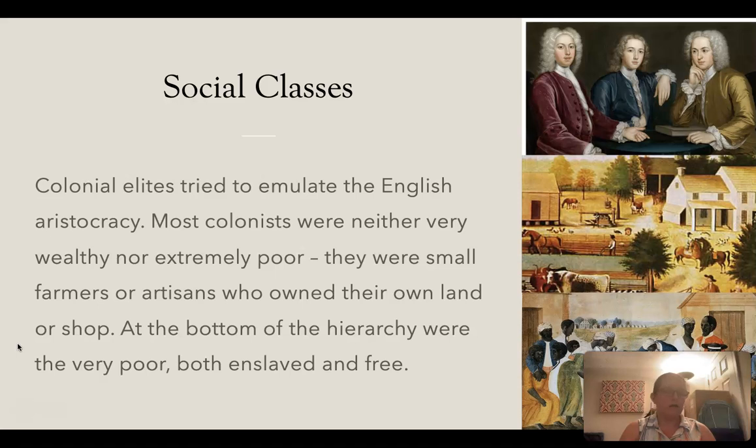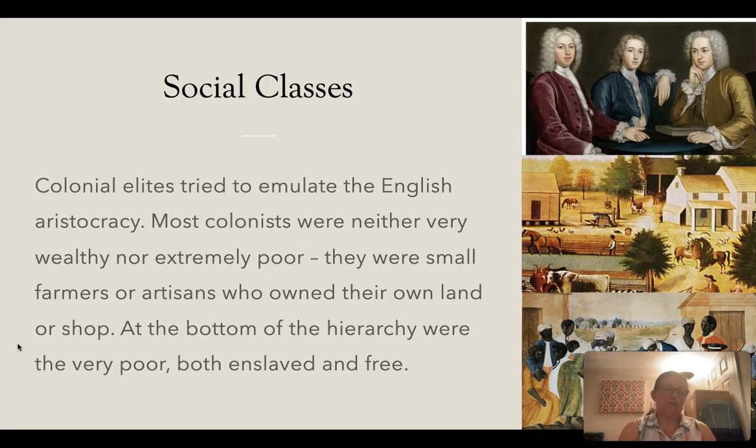In the southern colonies, the elite were the wealthy enslavers and plantation owners. Of course, there's no titled aristocracy, so nobody in the colonies can claim to be a lord or an earl or a count or anything like that. But these men of prominence were also in control of colonial government, so they were the preeminent part of society.